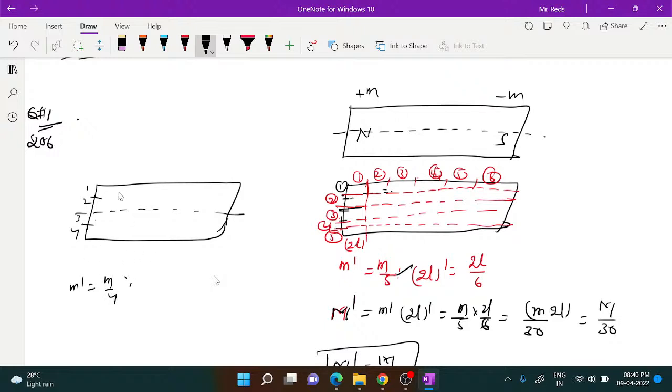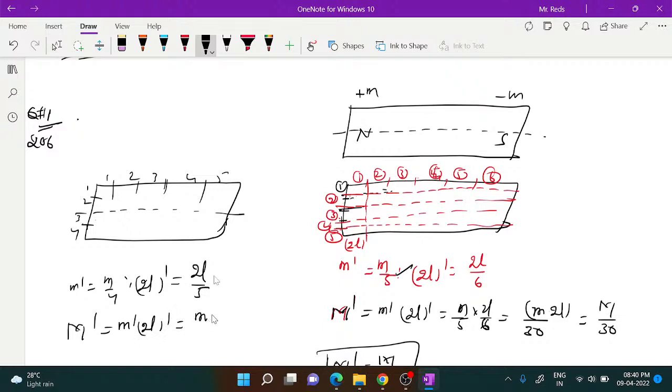Now if you again cut into 5 pieces, 1, 2, 3, 4, 5 pieces, then the length 2L dash becomes 2L by 5. So M dash is equal to small m dash into 2L dash, which is m by 4 into 2L by 5.